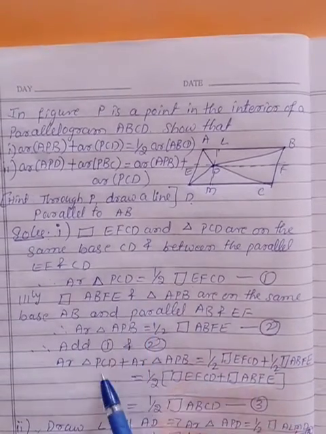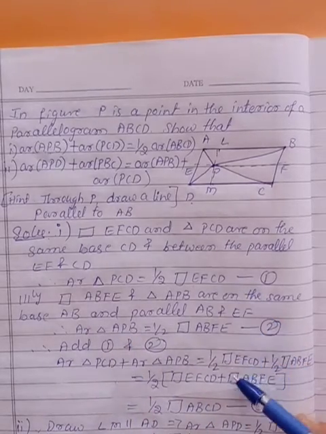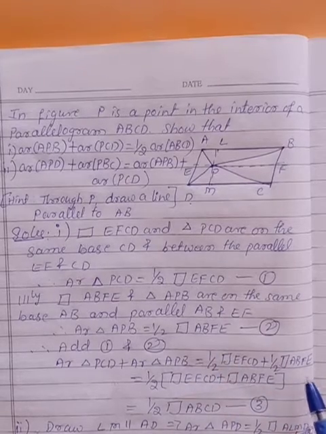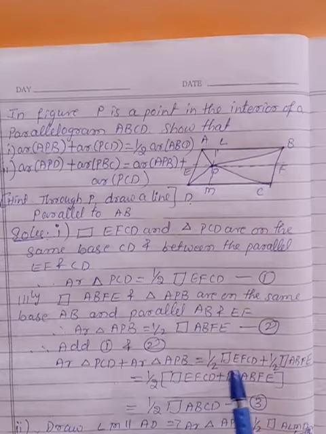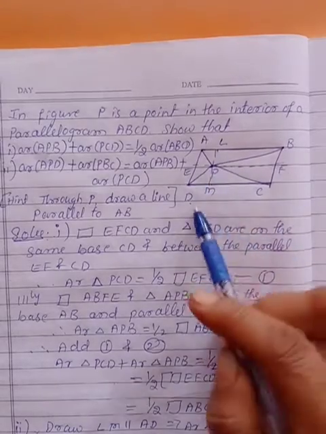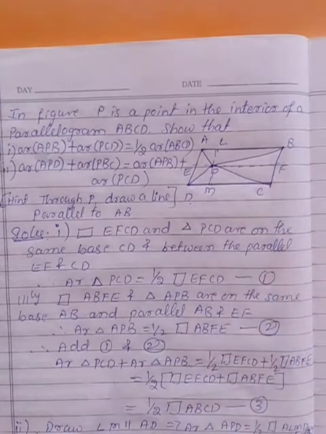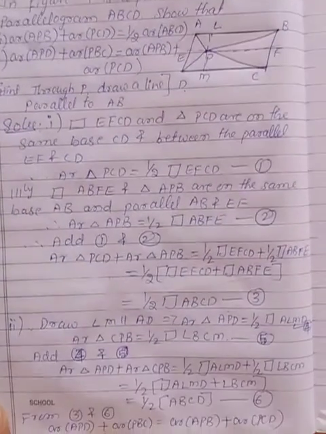So area of triangle PCD plus area of triangle APB will be half of parallelogram EFCD plus half of parallelogram ABFE. So half is the common thing here. Take out half. Then EFCD plus ABFE, totally it is nothing but ABCD. So we got the first proof. Call it as 3.